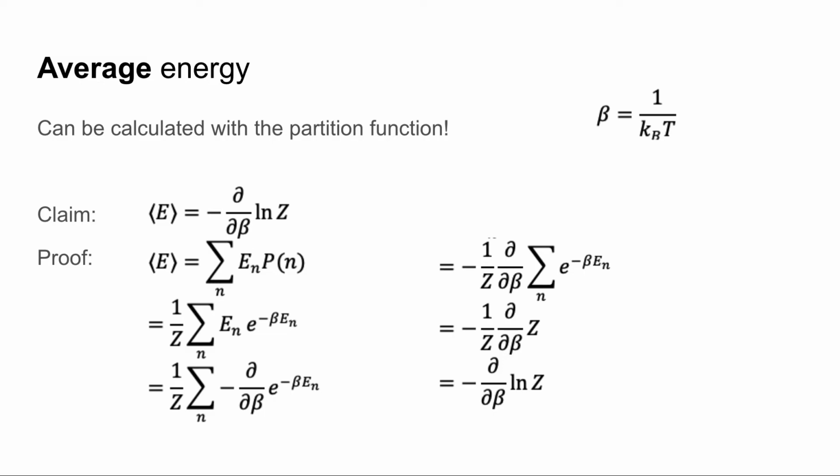The energy can fluctuate. Given a particular temperature of the system, we do not know the exact energy.